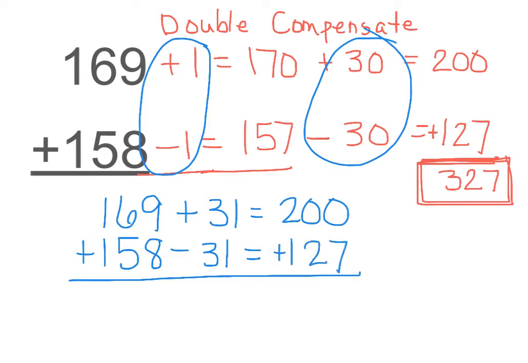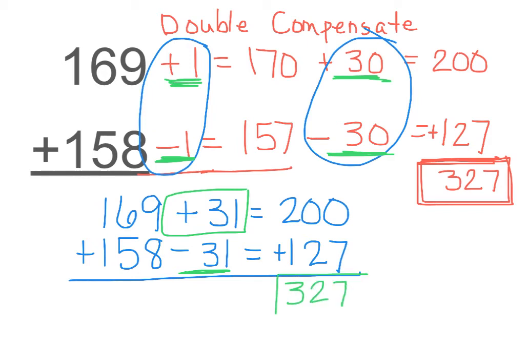Notice, boys and girls, see this plus 31? It's exactly what you did up there, only you did it in one step. See this minus 31? It's exactly what we did up there, only we did it in one step. So if you're really good at your partners, you can do it in one step. Otherwise, do it in 2 steps.